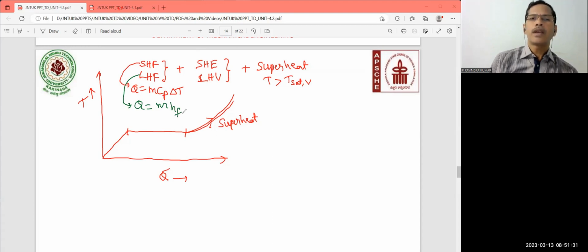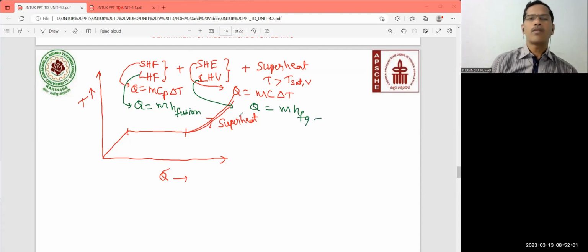So in the case of a sensible heat, Q is equal to mC delta T, and for the case of latent heat of evaporation, Q is equal to m into hfg. These things you have to apply here. That's why I'm calling this one the heat.